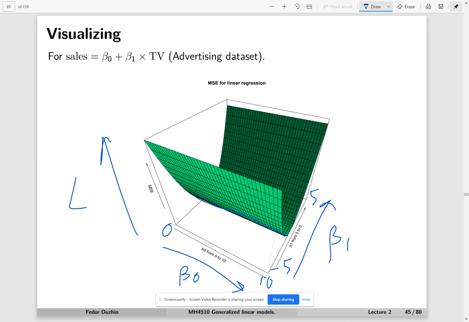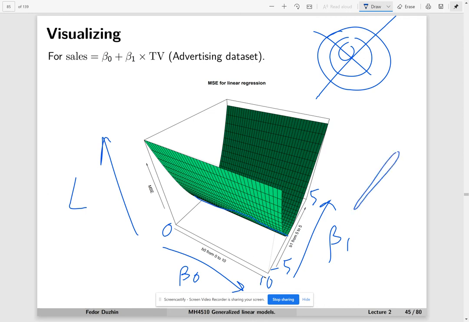Instead of level curves that we typically saw in these nice plots of functions, here what we have is completely different. They're very, very long and very, very narrow.